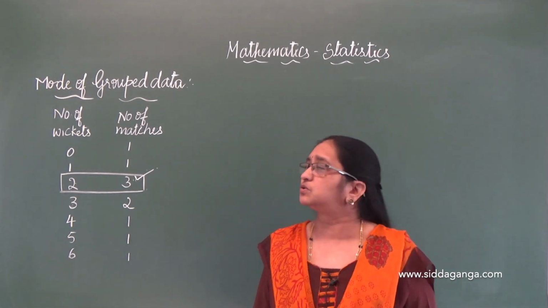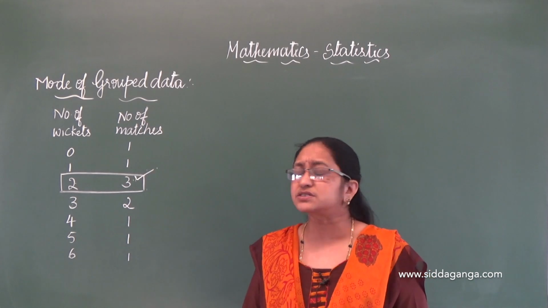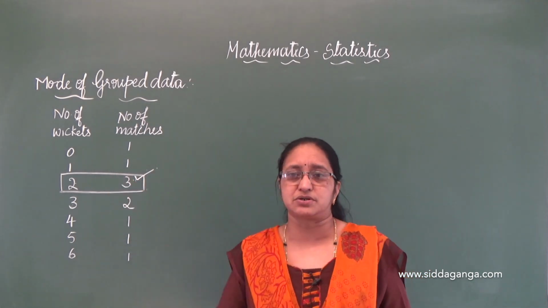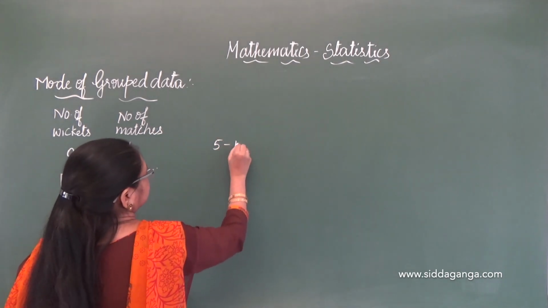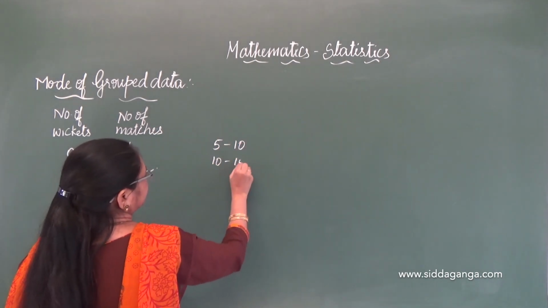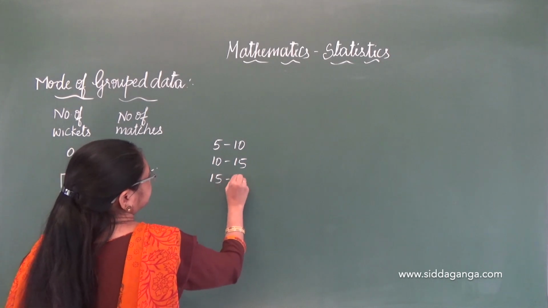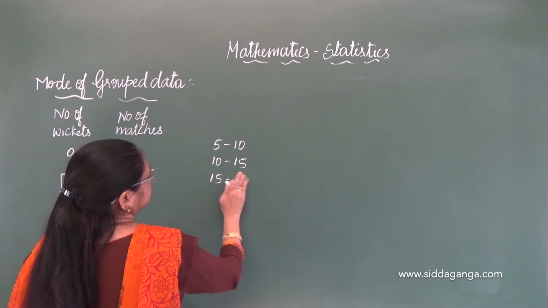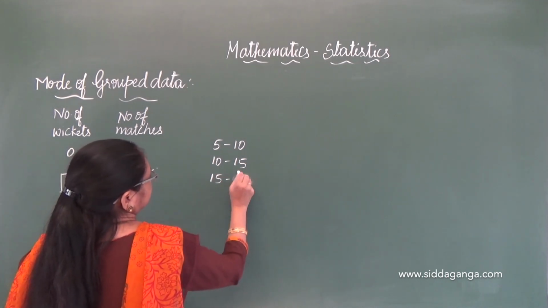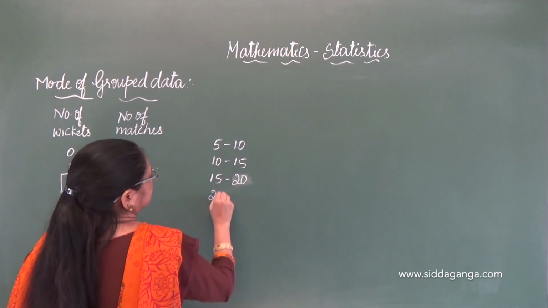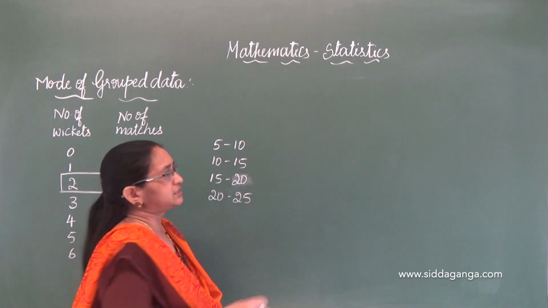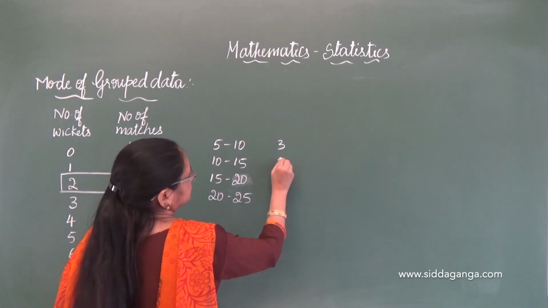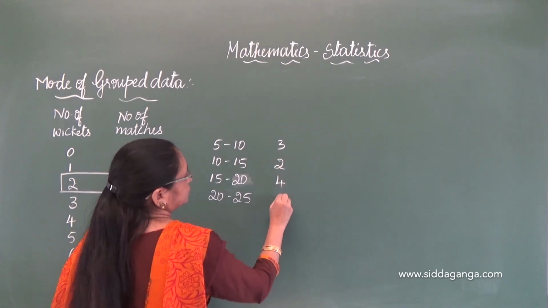But when you come to grouped data, it's not that easy to find it, because grouped means, you all know, it will be like this: 5 to 10, 10 to 15, 15 to 20, 20 to 25, like this. So suppose the frequency is 3, 2, 4, 1.